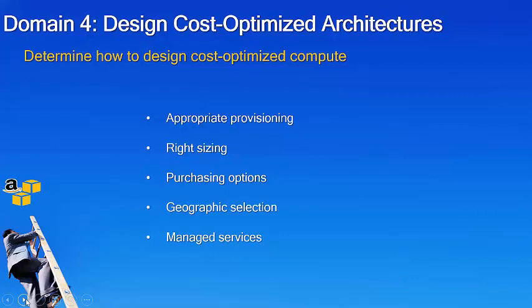Focus on services like Route 53 and CloudFront. Amazon Route 53 latency-based routing lets you use your domain name system to route user requests to the AWS region that will give your user the fastest response.